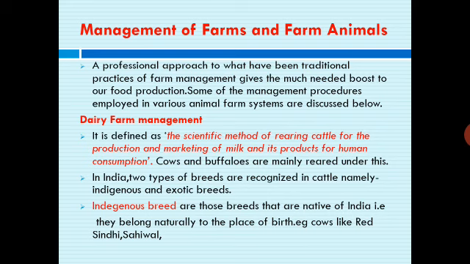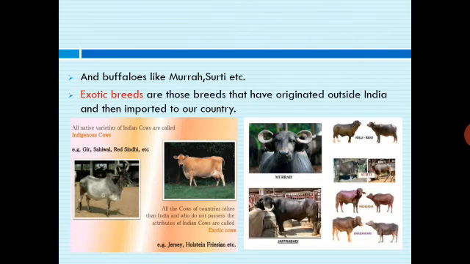Examples under cows are Red Sindhi, Sahiwal, Halikar, Amrit Mahal; all these are indigenous breeds, whereas in buffaloes, breeds like Murrah and Surti are indigenous breeds. Exotic breeds are those breeds that have originated outside India and then been imported to our country.